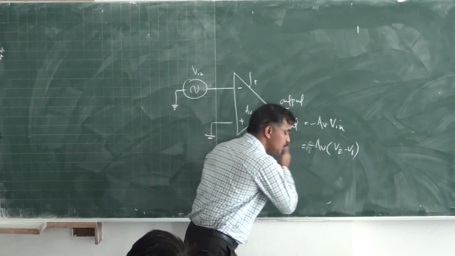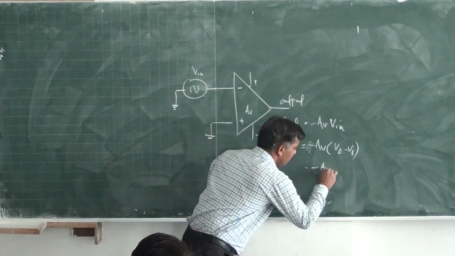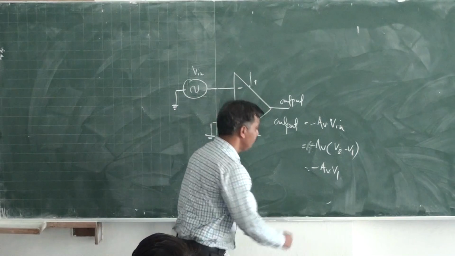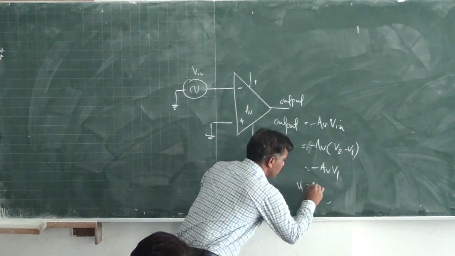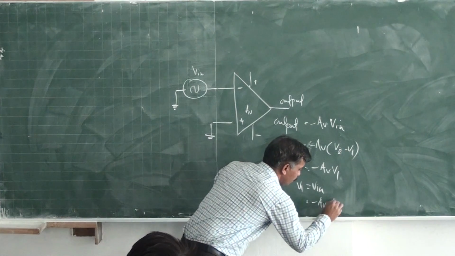But V2 is equal to 0 here, since you have grounded it, so it will be minus AV into V1, and V1 is equal to Vin, that is equal to minus AV into Vin.